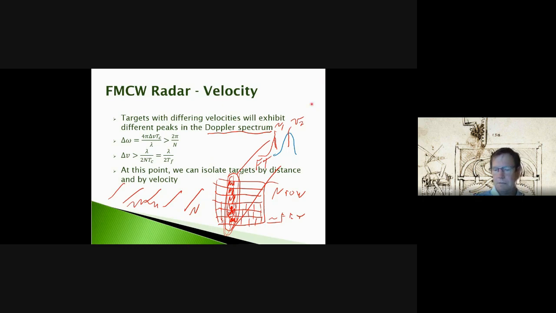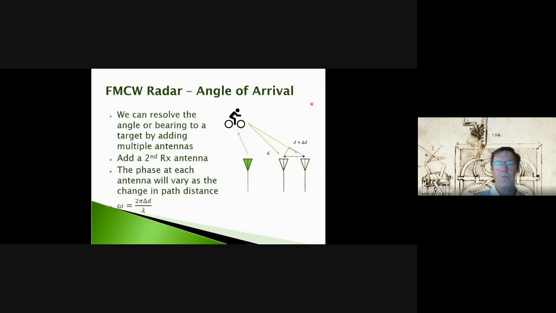And so what about angle of arrival, right? We haven't talked about which direction these things are in yet. It turns out we can resolve the angle or bearing to a target by adding multiple antennas, okay? And if you've studied a little bit of antenna theory, array antennas, this should not be surprising to you.